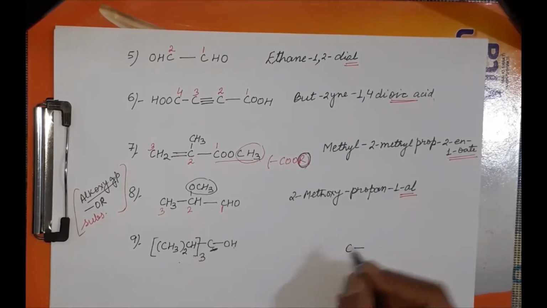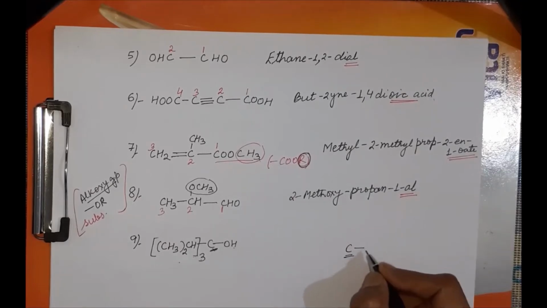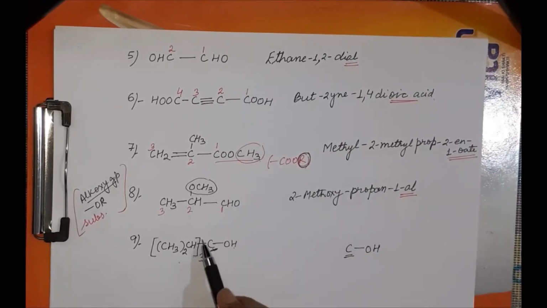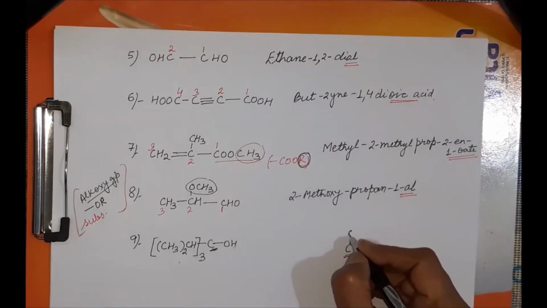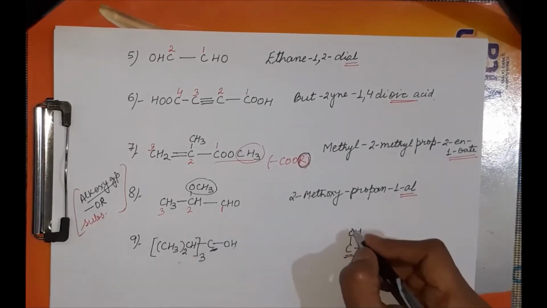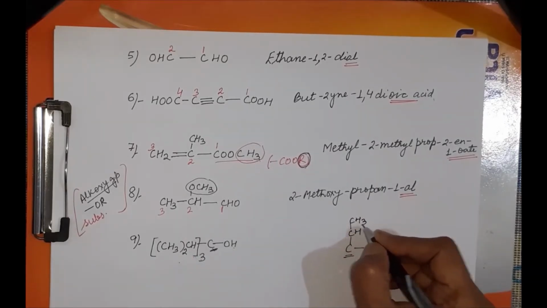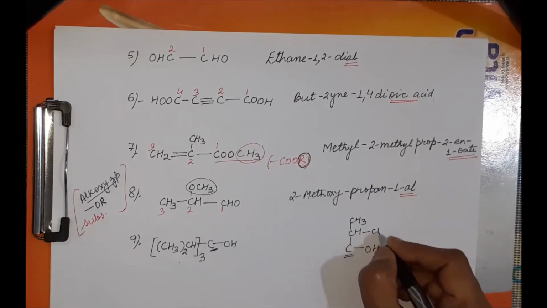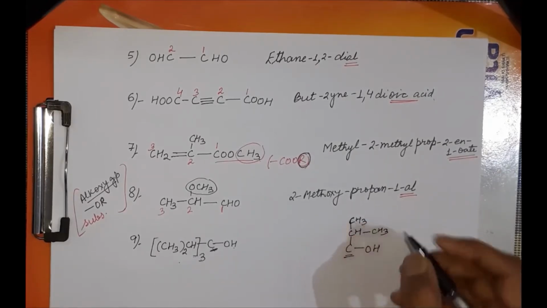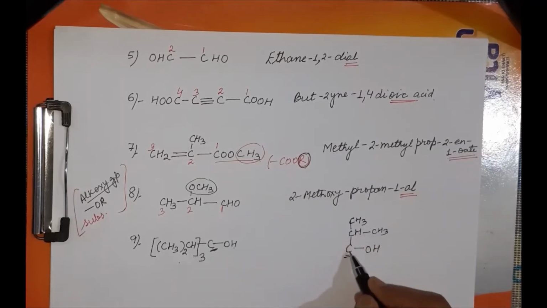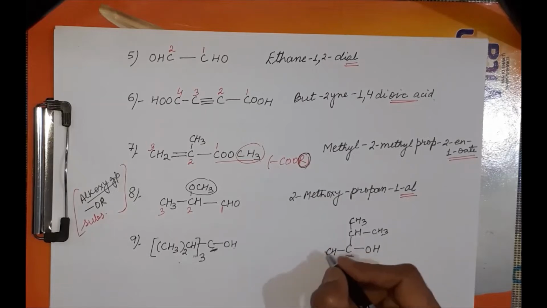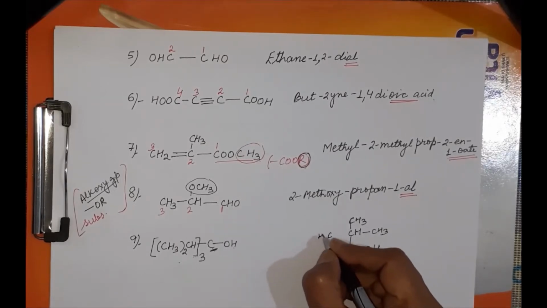So first let me write this carbon here having 1 OH group, and these 3 units attached to the same carbon. What is this? It has 1 CH which is attached to 2 other methyl groups. So in this way we can write it: this carbon is attached to 1 CH which has 2 other methyl groups. Okay. The same unit I have to write over here also.